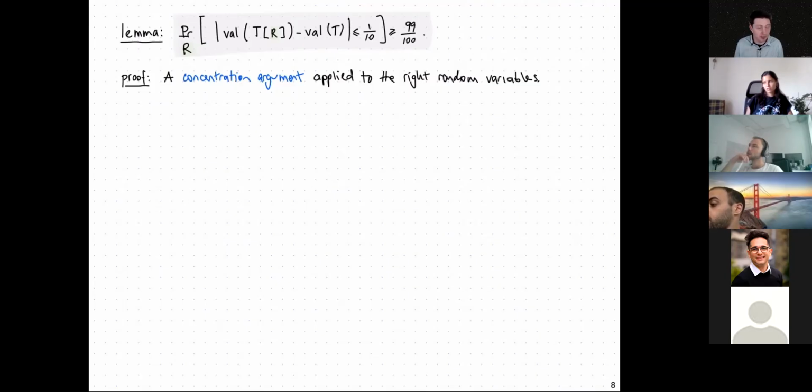So it's a different object. The question you're asking is about de-randomizing interactive proofs, and that's a different subject. I'm not claiming that what we're doing here is that. But it's a good question, and there are results about that out there.